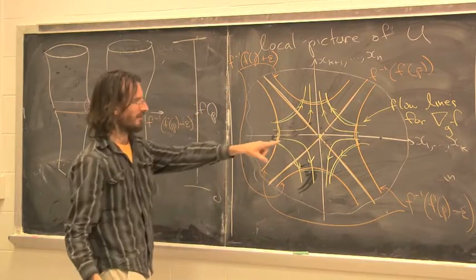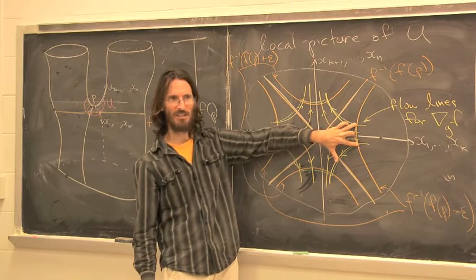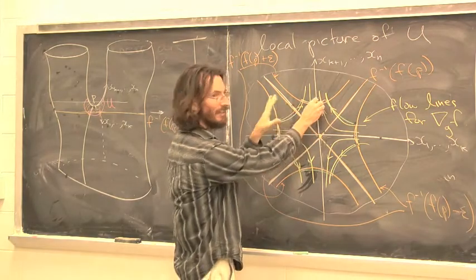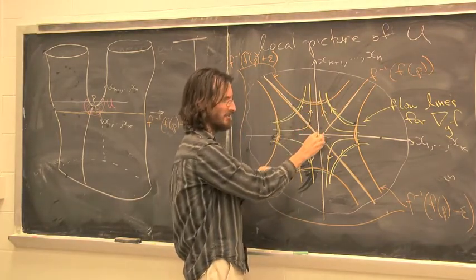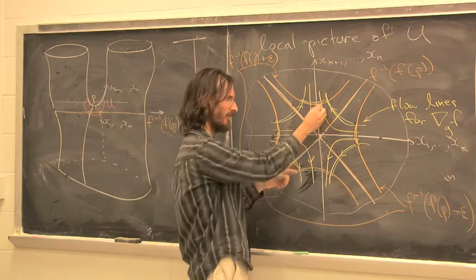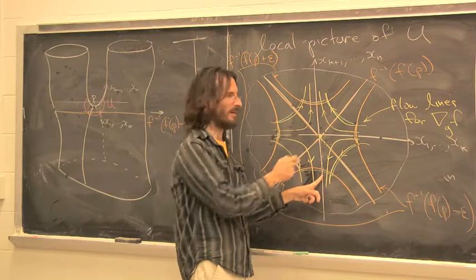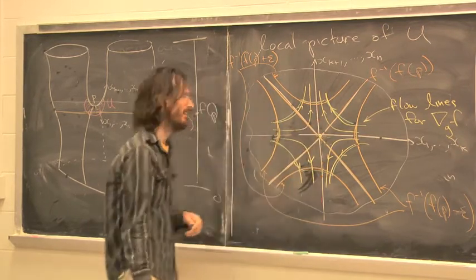If I look at everything I get by starting at this set and flowing forward, what will I get? In this picture, I'll certainly get all this stuff flowing forward until I hit here, but I won't actually get any of these points. But if I take the closure of all the stuff I get by starting here and flowing forward as far as possible until I hit F of P, I'll also include this point here in this axis.